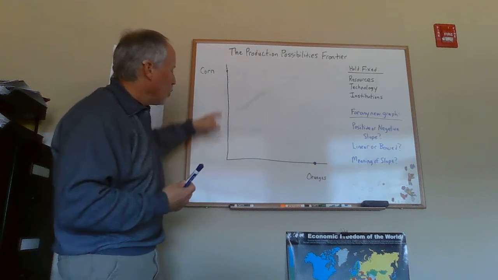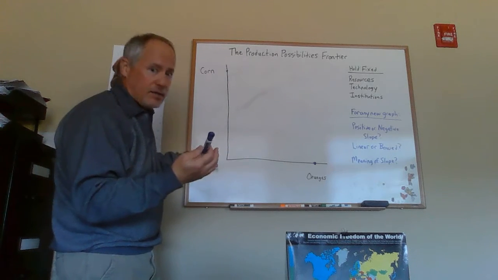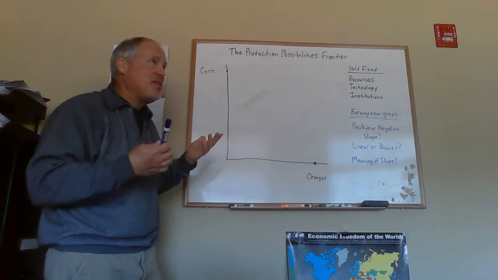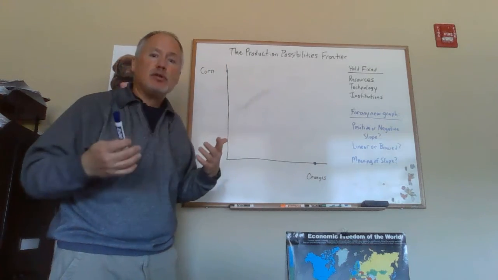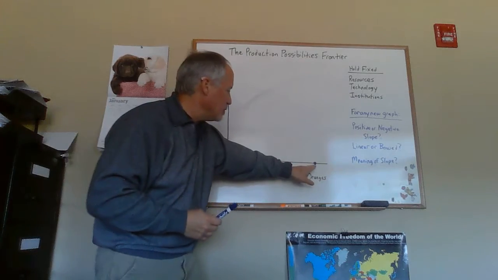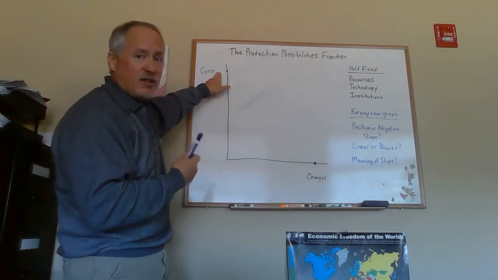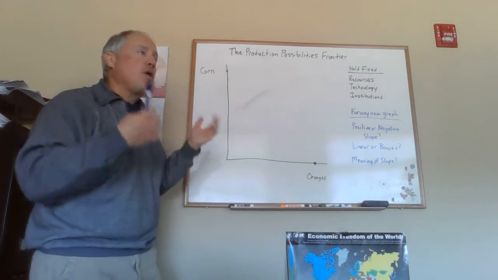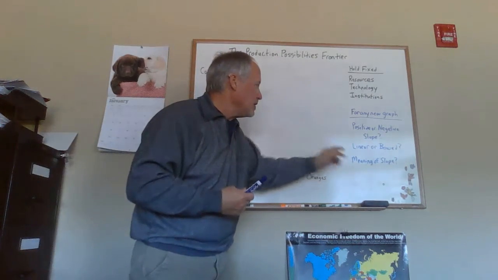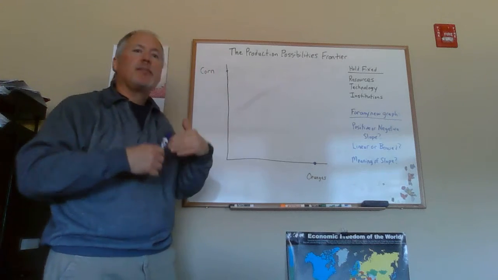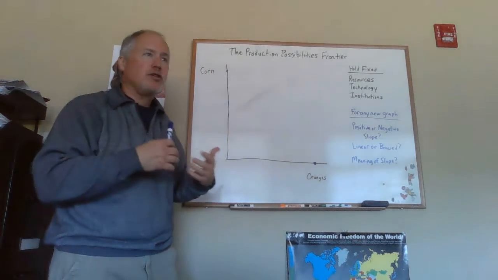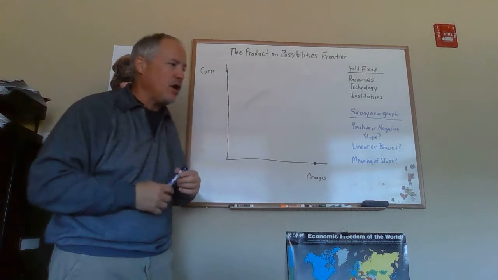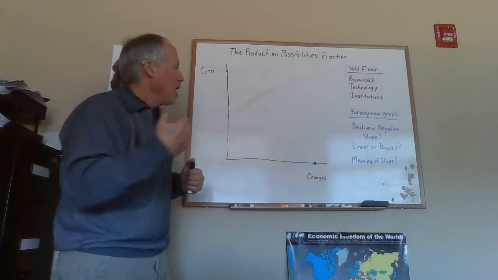The amount of corn that we give up is the rise, and the amount of oranges that we get would be the run, if you think about slope. But that's also exactly the opportunity cost. When we produce oranges, what we've done is given up the opportunity to produce corn instead. So the slope of the production possibilities frontier is the opportunity cost of producing the good that we have on the axis, so the opportunity cost of producing oranges.